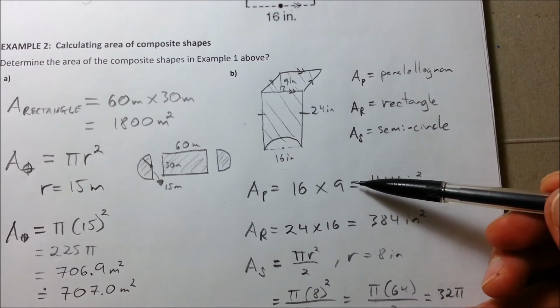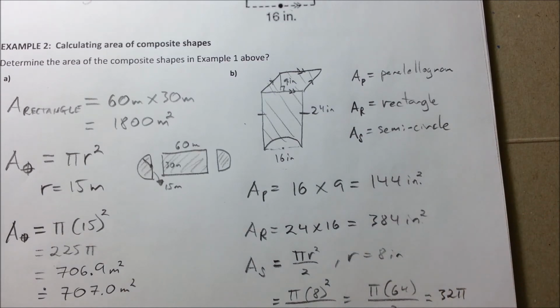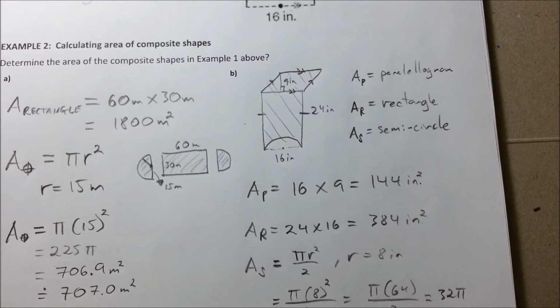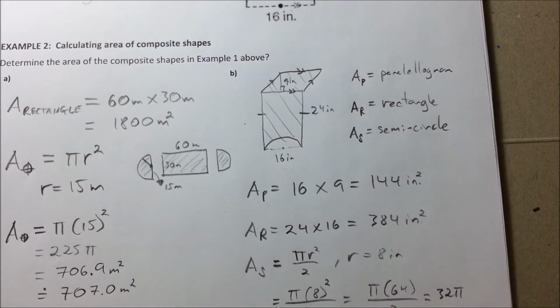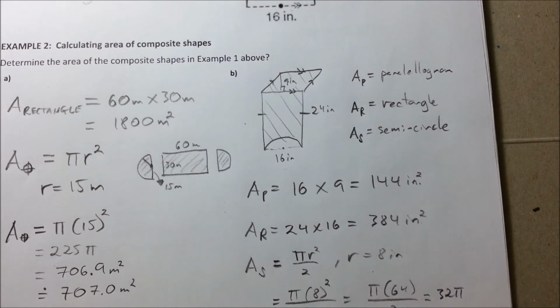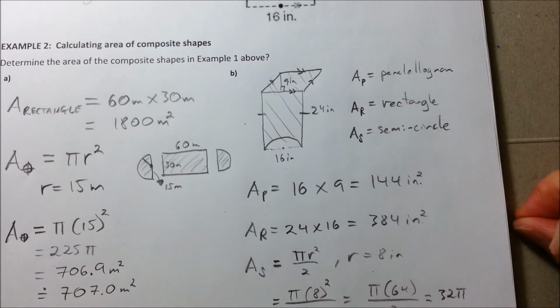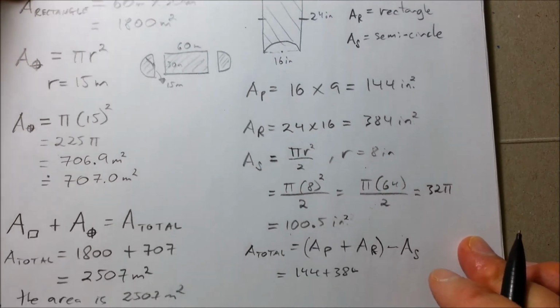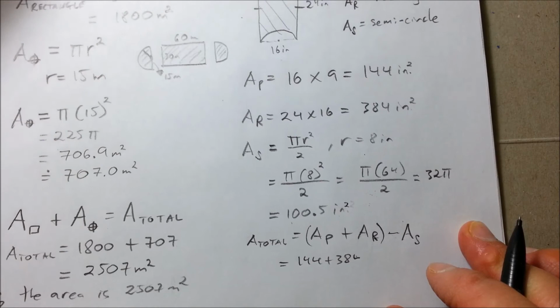Now we need to add these two areas and subtract the semicircle. So the total area would be the area of the parallelogram plus the area of the rectangle, put those two in brackets, the ones that we're adding, minus the area of the semicircle. So ultimately we're going to end up with 144 plus 384. I hope you guys can see this. I apologize.